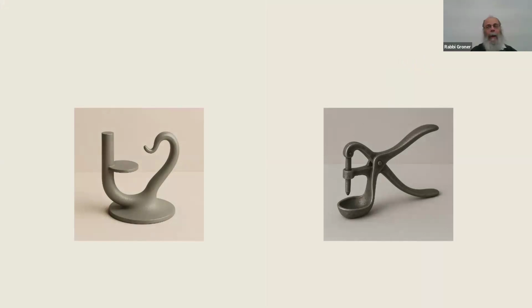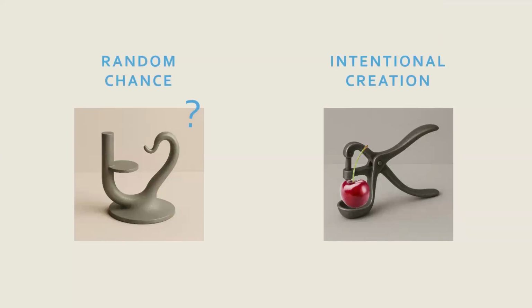Okay? So remember, we asked you what this is, and somebody online said that the one on the right is a nutcracker, and the one on the left, maybe a ring holder. Now, I'm going to reveal to you that actually the one on the right is a cherry pitter. You got it?